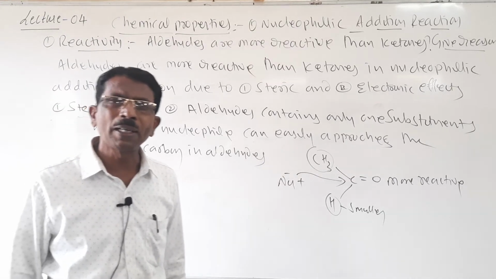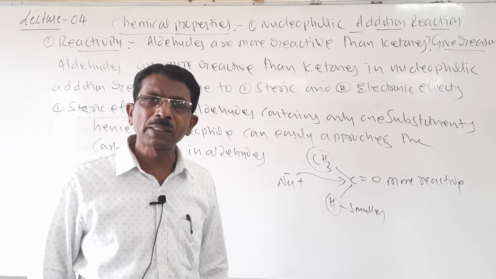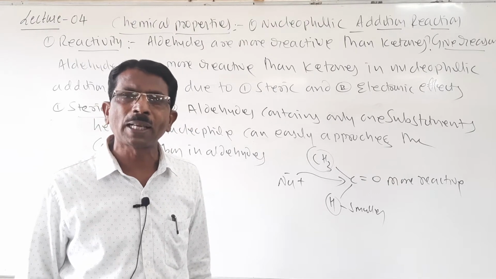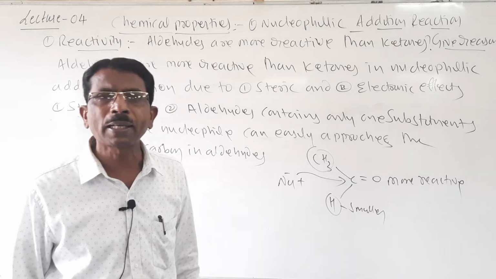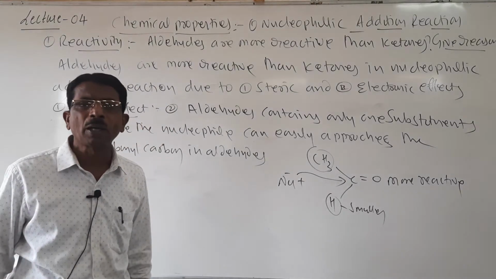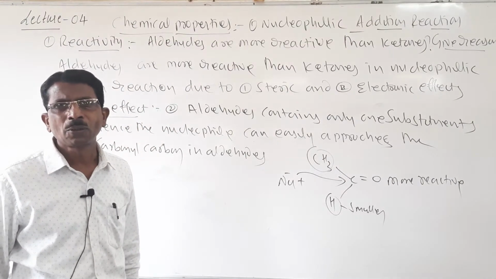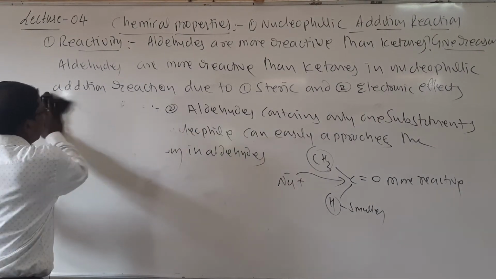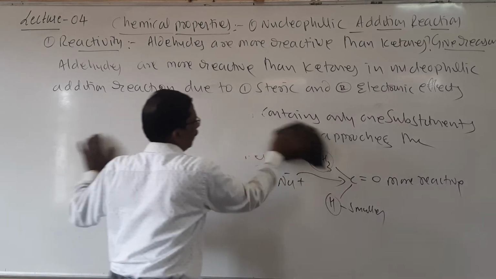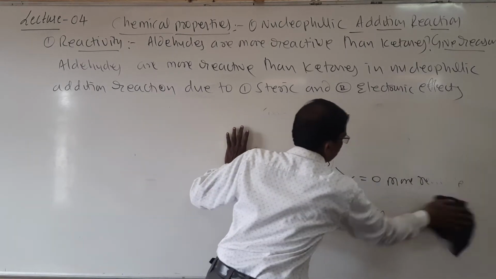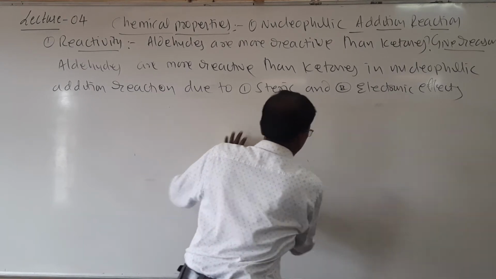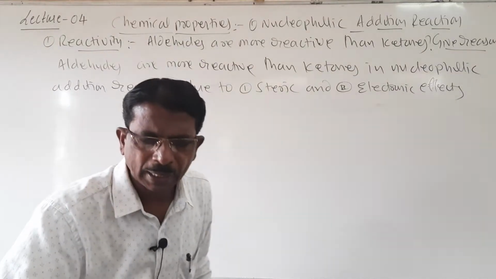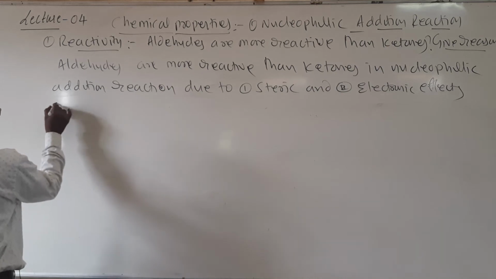But in case of aldehydes, due to the presence of only one substituent, the electrophilicity does not decrease. The electrophilic effect is more in aldehydes. So I will write here the reason. The second one, electronic effect.